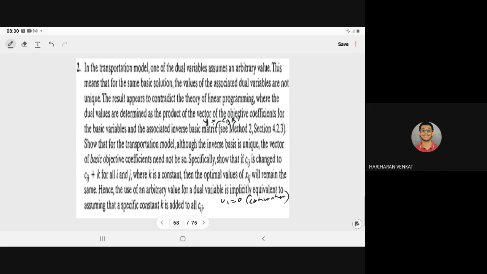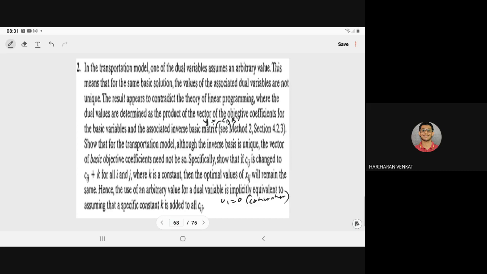Either you take Cij or Cij plus k, meaning we have the addition of some constant to all costs, the optimal solution will remain the same. Xij will be the same whether we have the changed cost, right? Hence, the use of an arbitrary value of the dual variable is implicitly equivalent to assuming that a specific constant k is added to all Cij.